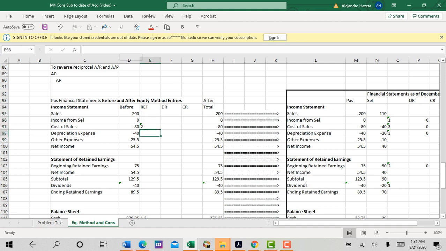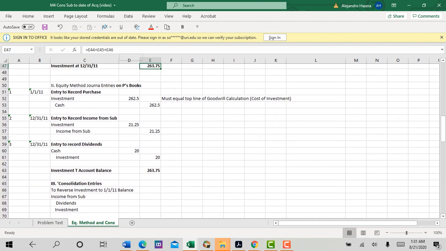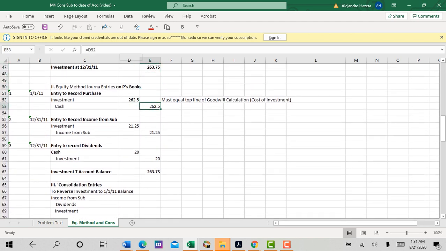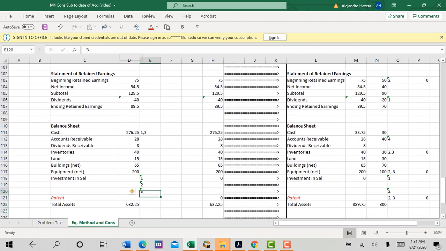The first entry in the equity method is debit the investment account for 262.5 and credit cash for 262.5. So that's just a balance sheet entry. We're going to debit the investment account in number 1. I already have the numbers there for 262.5.